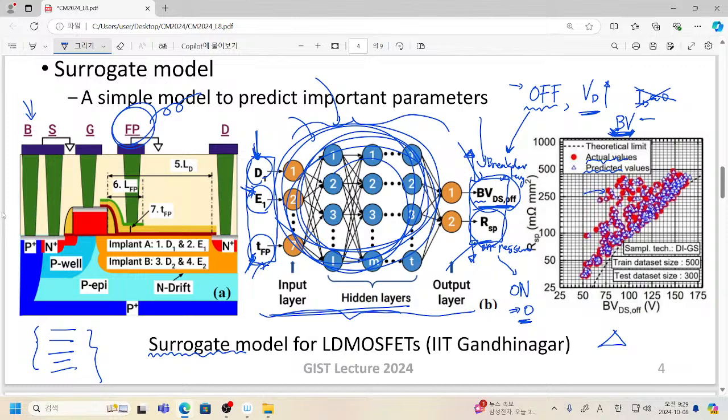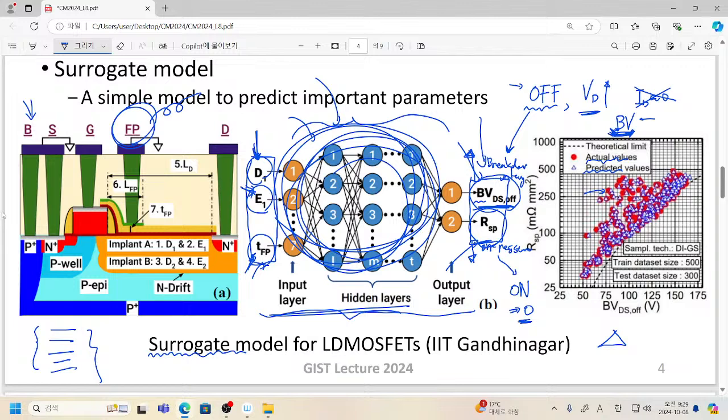So each red dot requires several minutes or hours to be obtained. So you can expect a lot of performance gain. Okay. So this is, in my opinion, the simplest approach we can use, the neural network approach.